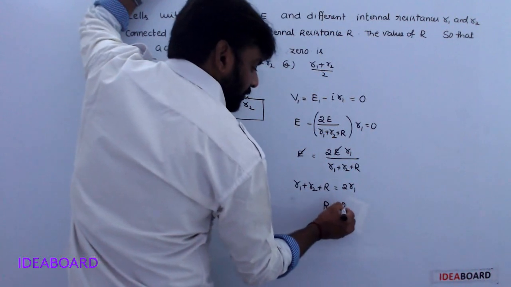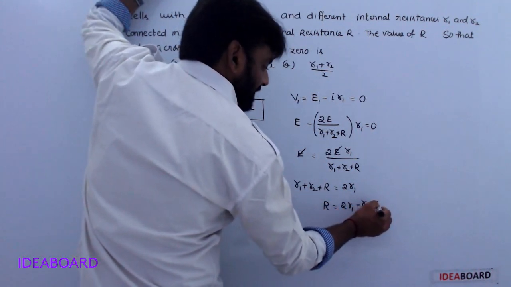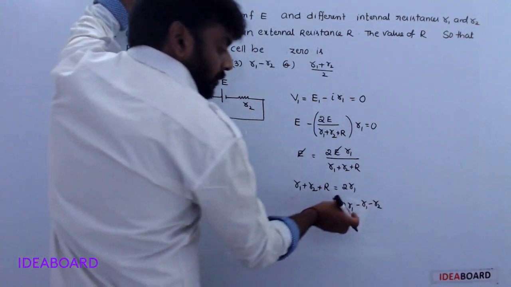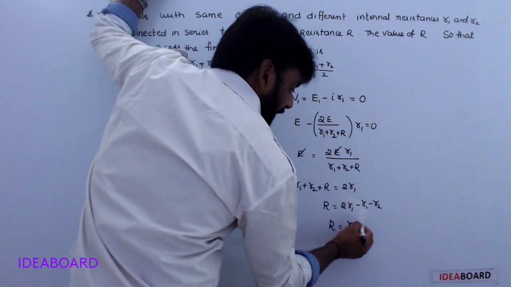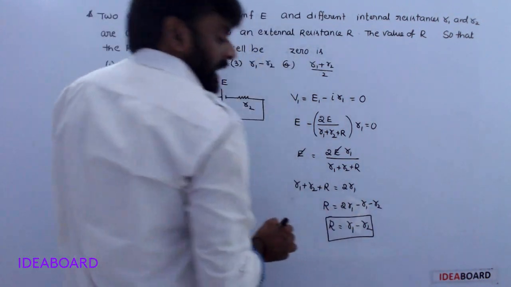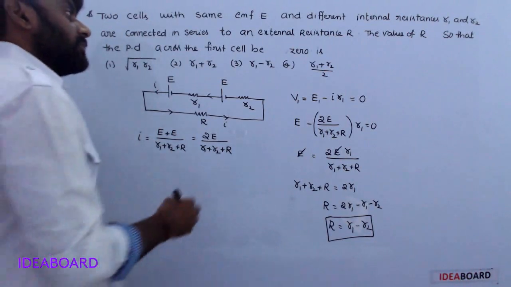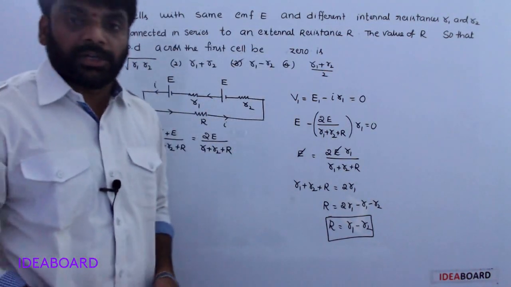Capital R is equal to 2R1 minus R1 minus R2, which is R1 minus R2. That means the external resistance is R1 minus R2. So the correct option is the third one, R1 minus R2. Understood?